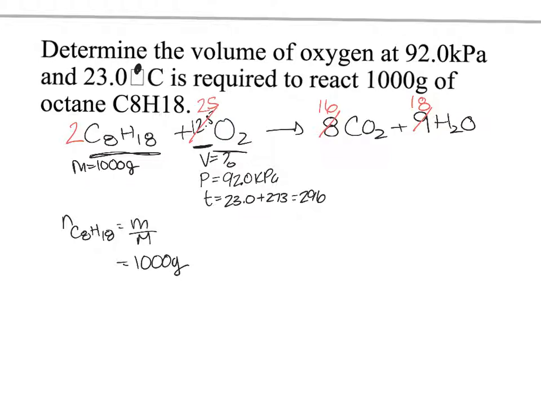So molar mass is going to be 12.01 times 8 plus 18 times 1.01. So I get 114.26 grams per mole. Oh, I multiplied there instead of dividing.